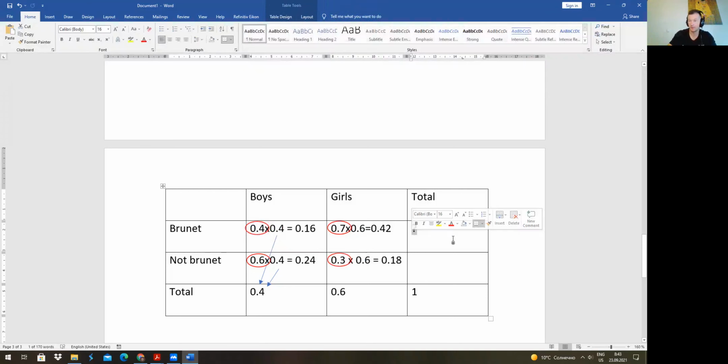And now in total I can calculate it here. So 0.16 plus 0.42, which gives me 0.58. And I'm able to calculate with the help of this table what is the probability to have not brunette people. It's 0.42, right? Just simply 1 minus 0.58.